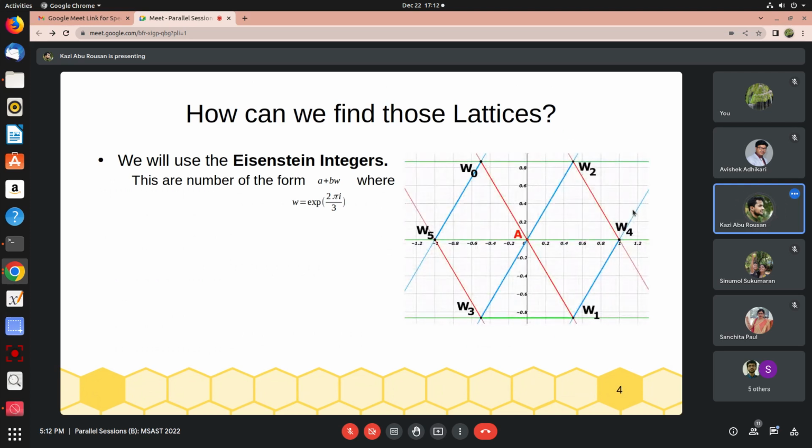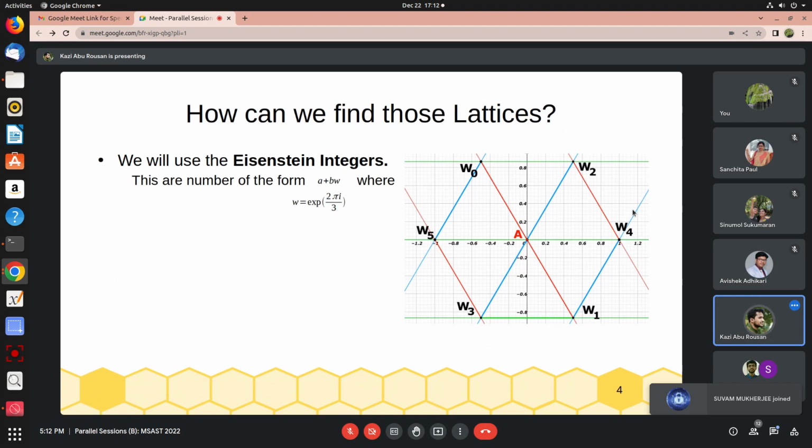These numbers are called Eisenstein integers, just like in a two-dimensional Cartesian plane we have Gaussian integers, that is, integer lattices in a complex plane, where a and b are just the integer coordinate points.